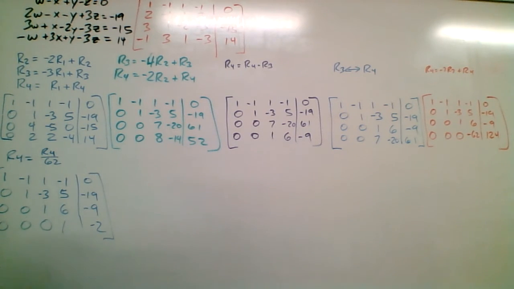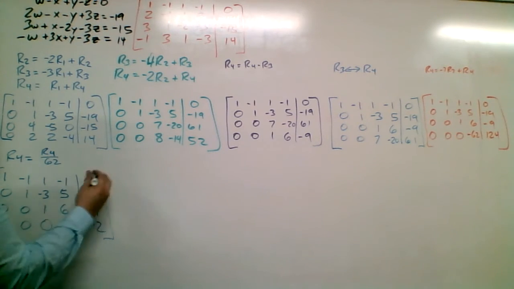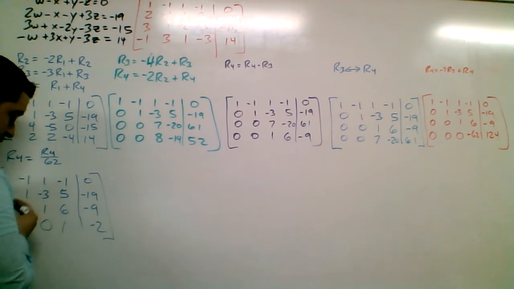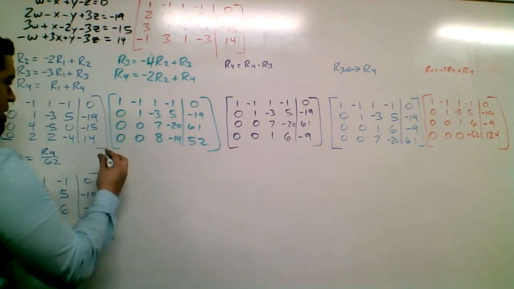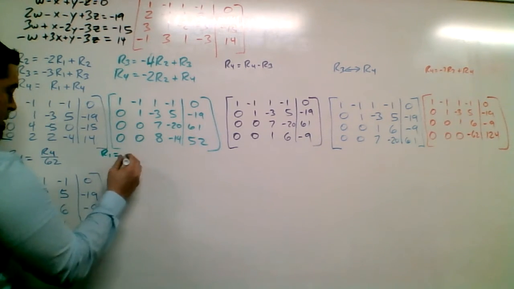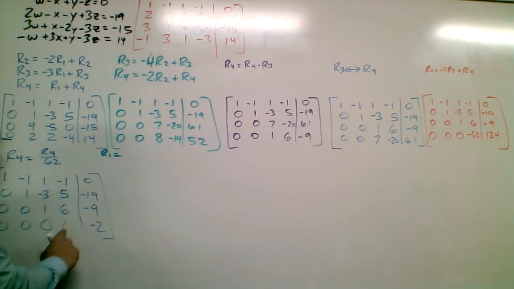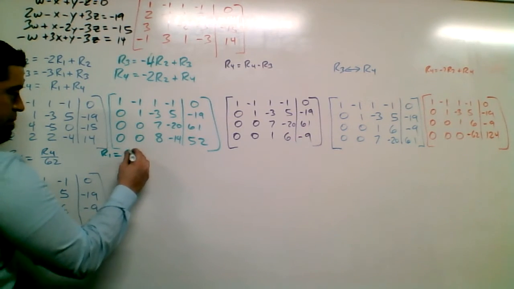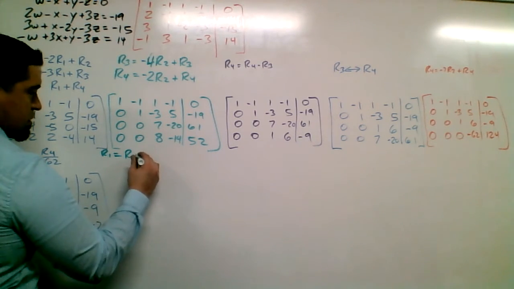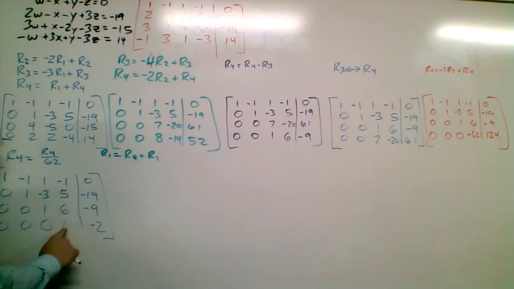Okay, so we've successfully gotten a diagonal of 1s. Now we're going to backtrack and use this one to clear out the zeros above there, using a couple of row operations. Starting with row 1, we'll replace row 1 with row 4 plus row 1, because that'll give us 0.